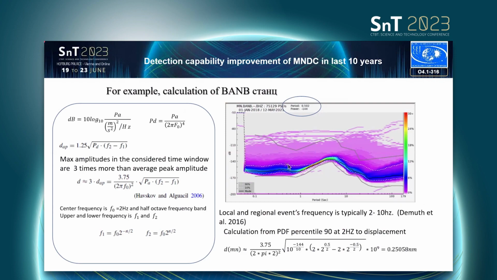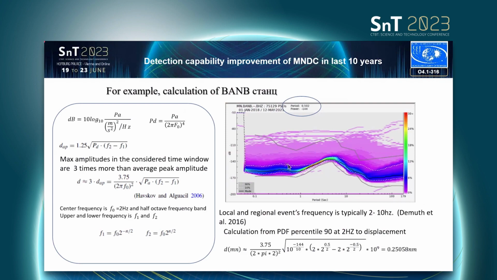There is a rounded period of 0.5, which is 2 hertz, and the power is minus 144. The calculation gives 0.25 nanometer using this theory.